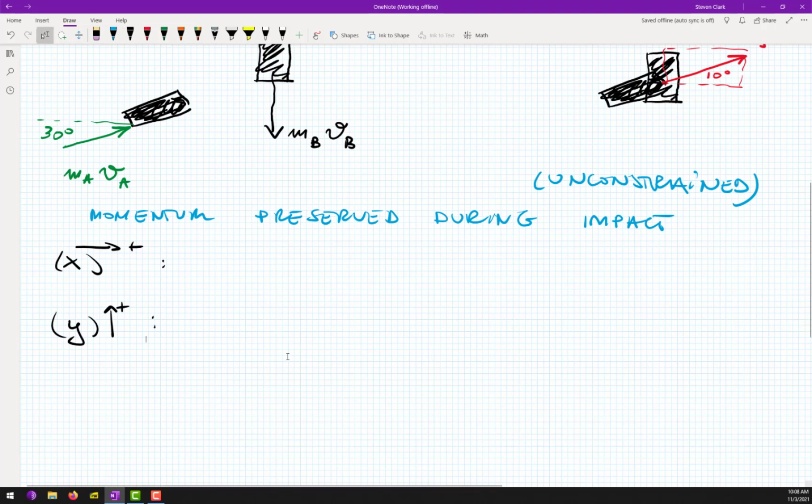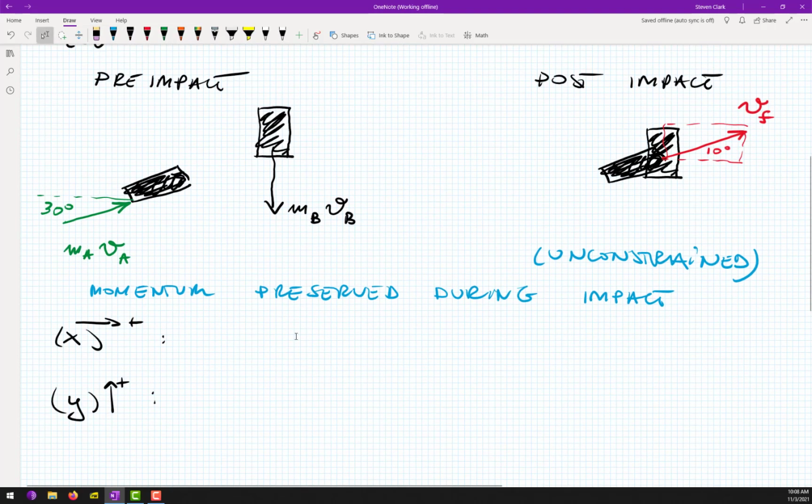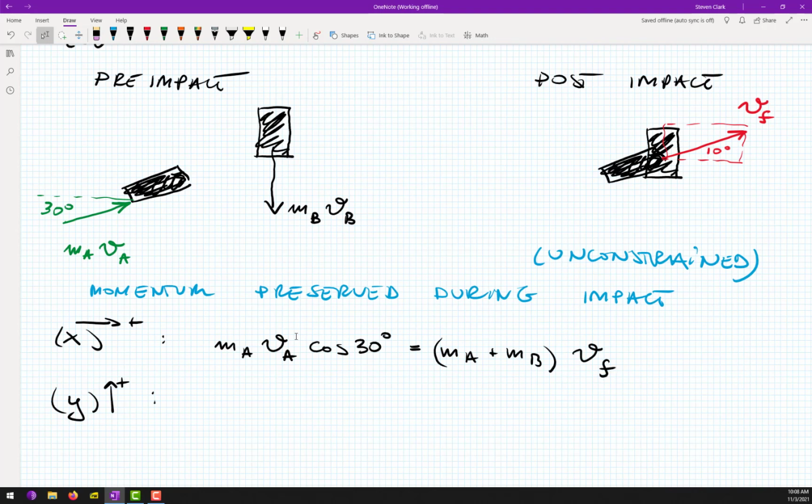So in the x direction, I believe that at the beginning we have MA VA times cosine 30. And at the end, we have (MA plus MB) V final cosine 10.